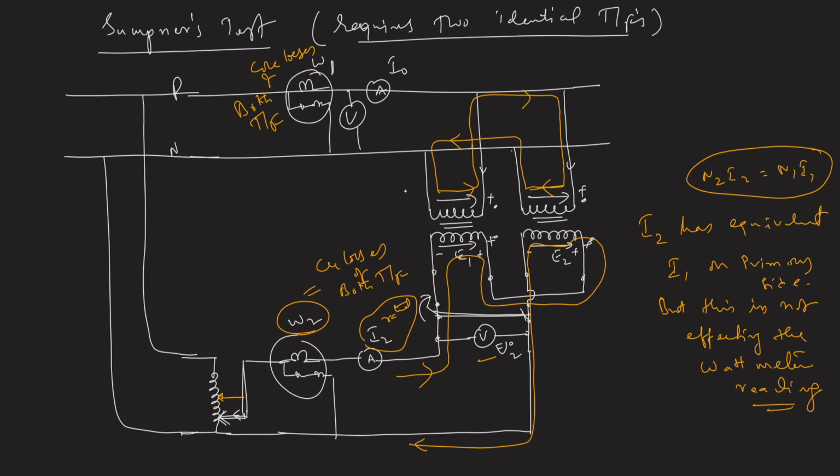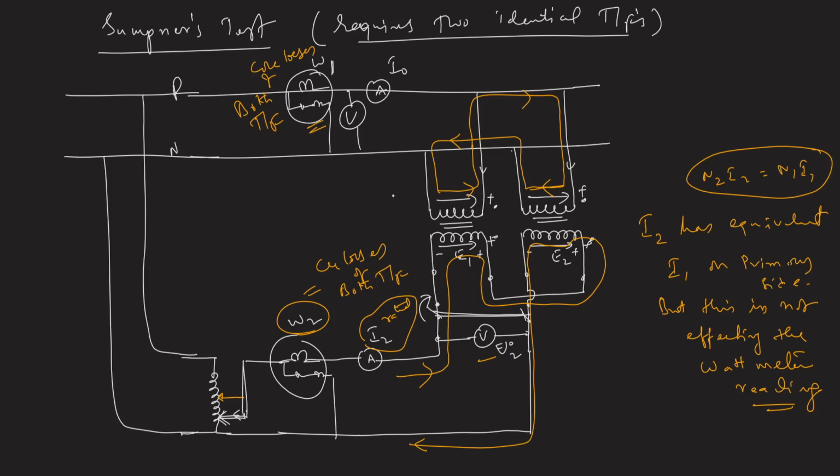Only it is circulating between the windings like this. So this meter does not affect. So this is the brief experimental setup for conducting the Sumpner's test.